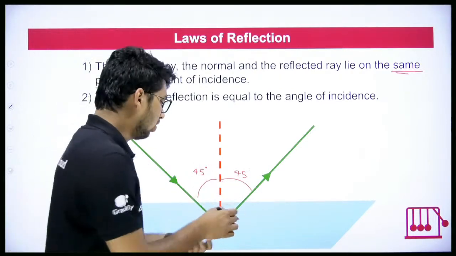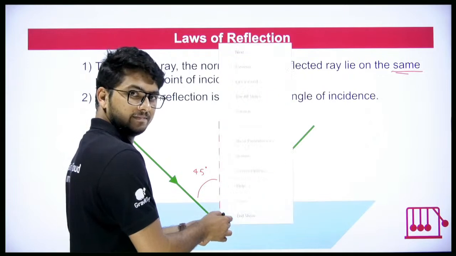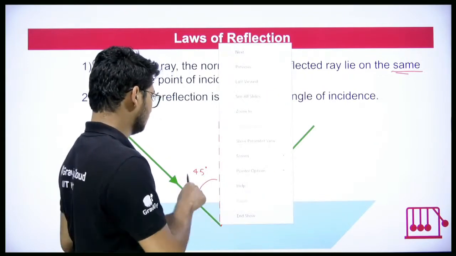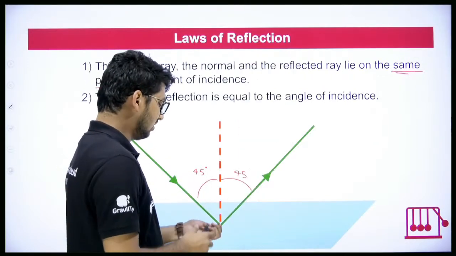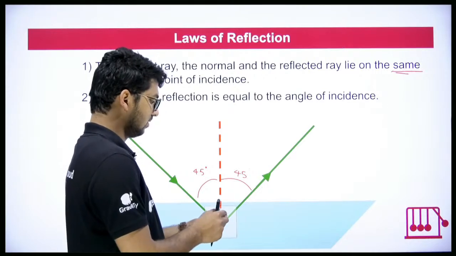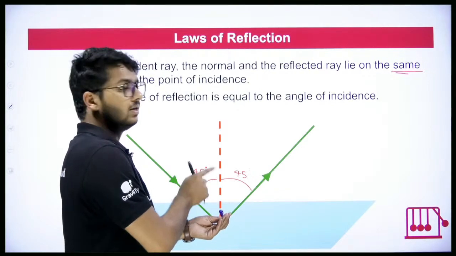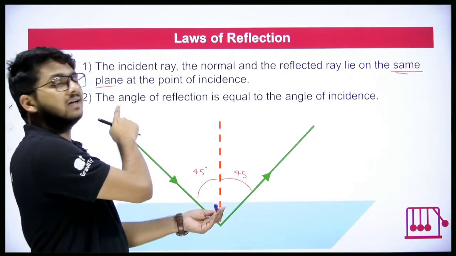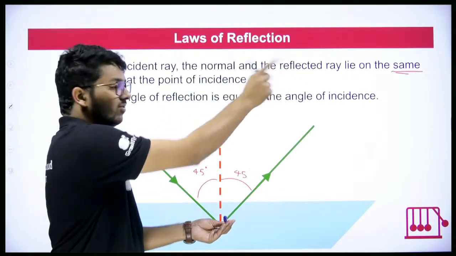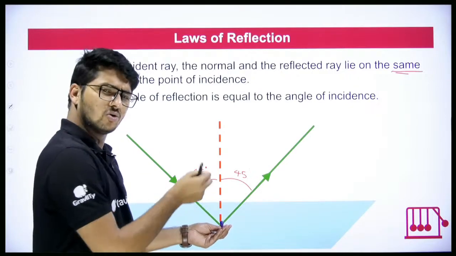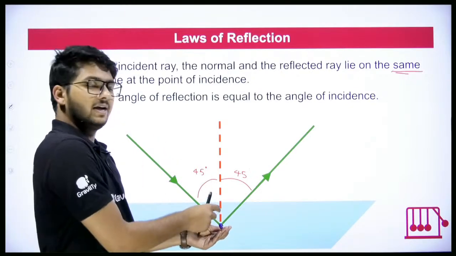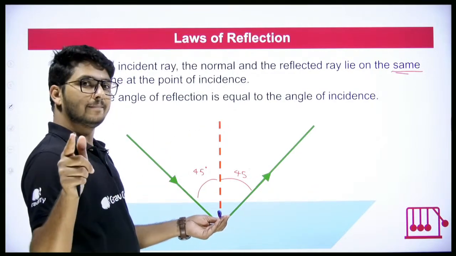But if I take the normal in this way, such that the angle is 45 degrees, then also the second rule will be valid. Angle of reflection is equal to angle of incidence. Yes, it is also true now. Incident ray, normal, reflected ray. It is true.